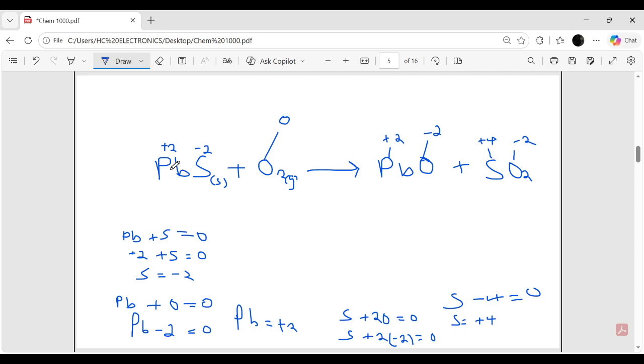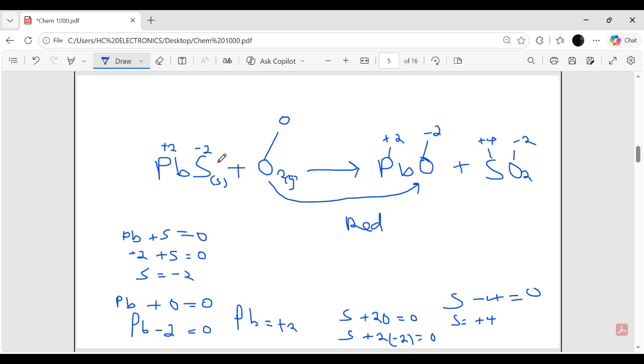So here, you're going to check which one is undergoing oxidation and which one is undergoing reduction. So oxygen is undergoing what? Reduction. You can see that clearly, because it was 0, but it has become negative 2.